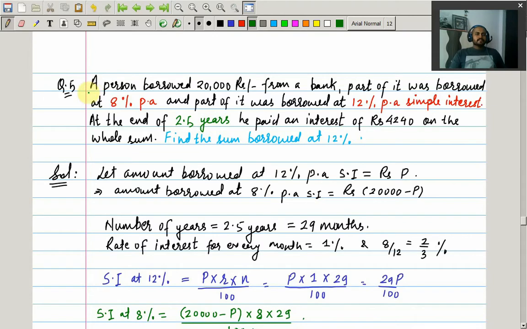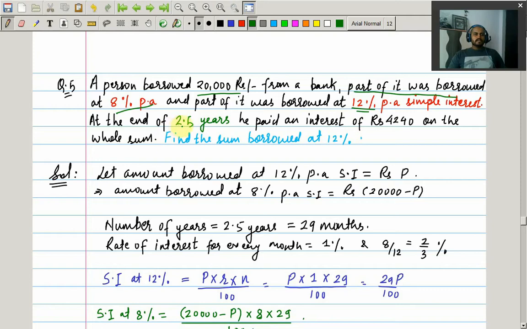So let's take this example. A person borrowed 20,000 rupees from a bank. Now, out of 20,000, part of it was borrowed at 8%, and part of it was borrowed at 12%.